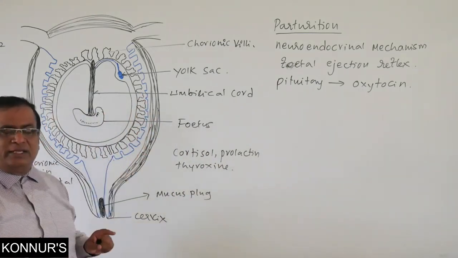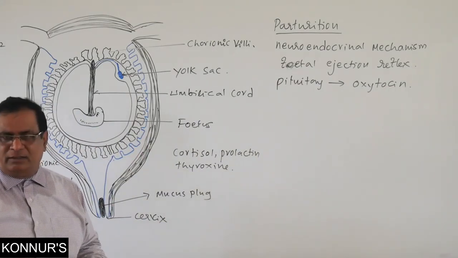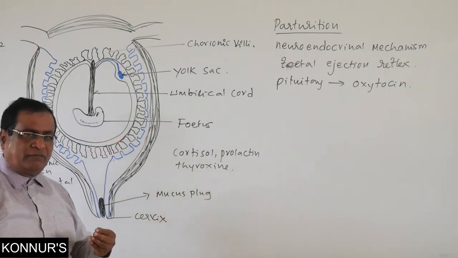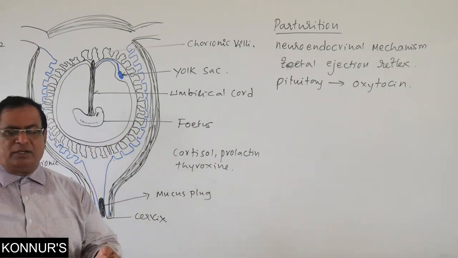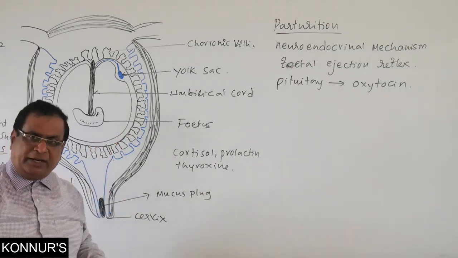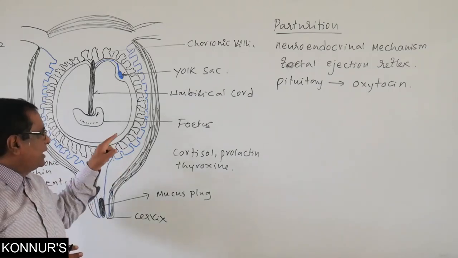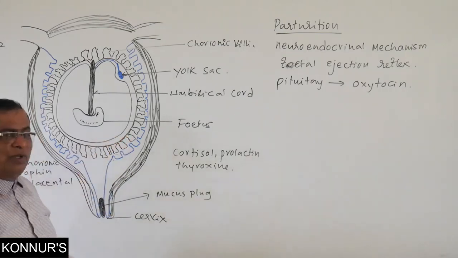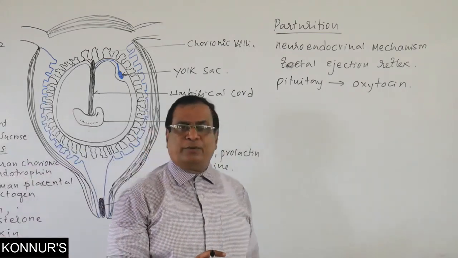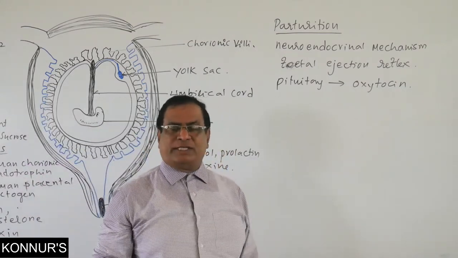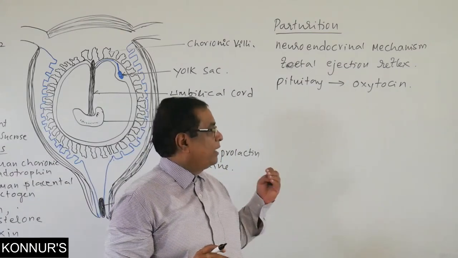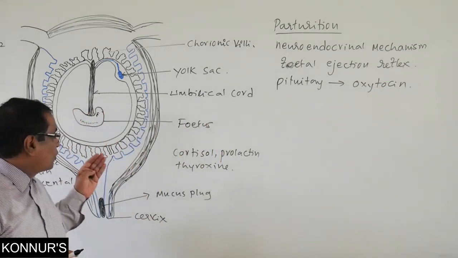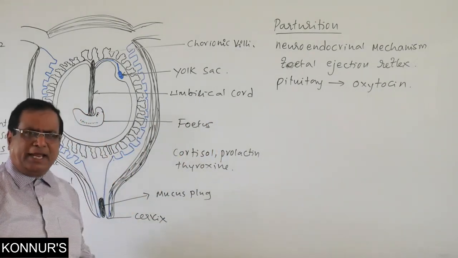Once oxytocin is secreted from the pituitary, that increases uterine contraction further. Once uterine contraction further increases, that stimulates the pituitary to produce more oxytocin. And when more oxytocin is produced, uterine contraction increases once again.